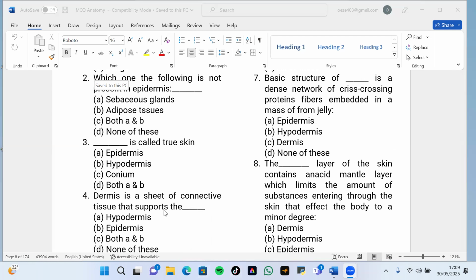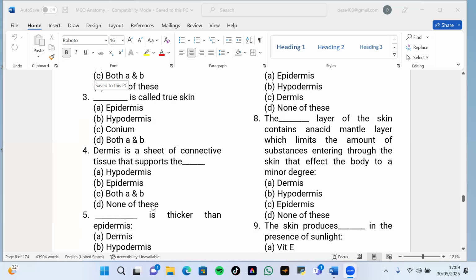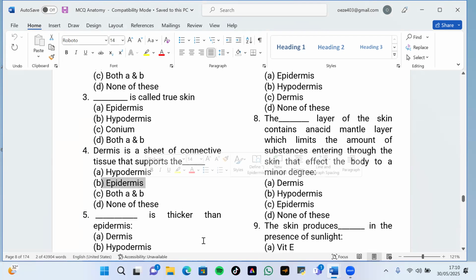The next says, dermis is a sheet of connective tissue that supports the dash. A, hypodermis, B, epidermis, C, both A and B, D, none of the above. The correct answer is B, epidermis.